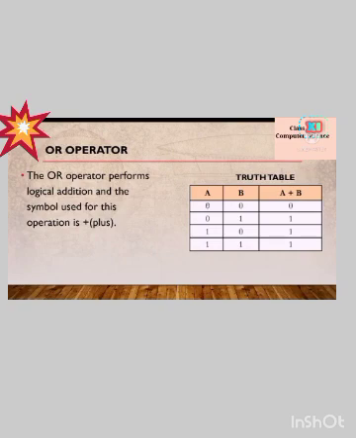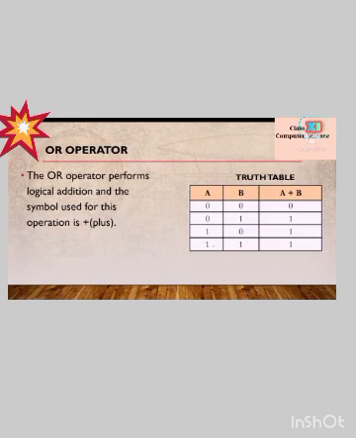In the case of the OR operator, A plus B. So 0 plus 0 is 0. 0 plus 1 is 1. 1 plus 0 is 1. 1 plus 1 is 1.